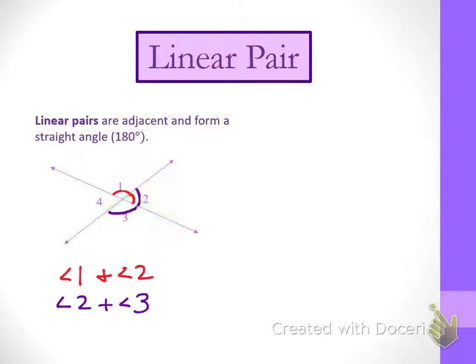They form 180 degrees. I think you're going to start seeing the pattern. What else is angle 3 adjacent with? Angle 4. And then there's one more pair. Angle 4 and angle 1. They are adjacent and supplementary.